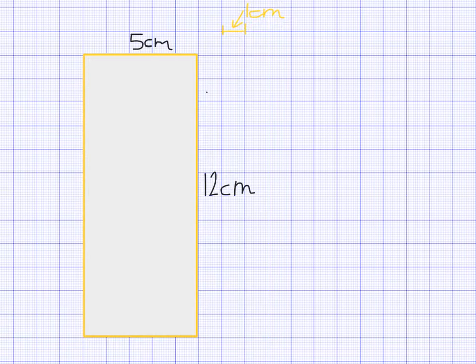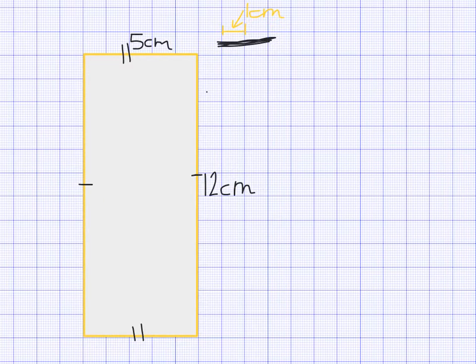This is the final example. You can see that I've already shown the scale of how big 1 centimetre is, and I've already calculated the lengths of 5 centimetres along the top there and 12 centimetres along that side. So I know that the side here will match the side here because it's a rectangle, and the side here will match the side here.